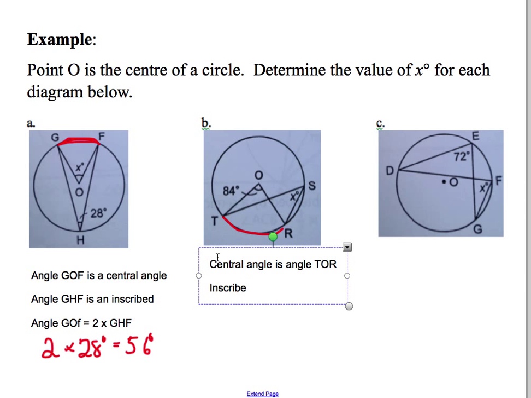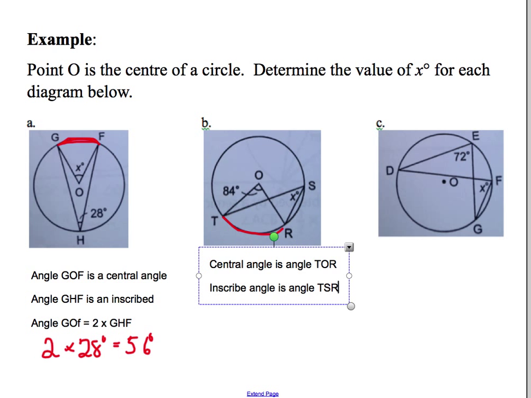My inscribed angle is angle TSR. Noticing that when I name my angles, my T and my R have to match my arc TR. T and R have to be my first and my third letter.